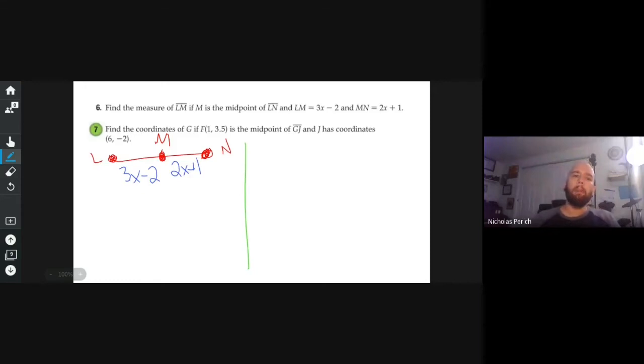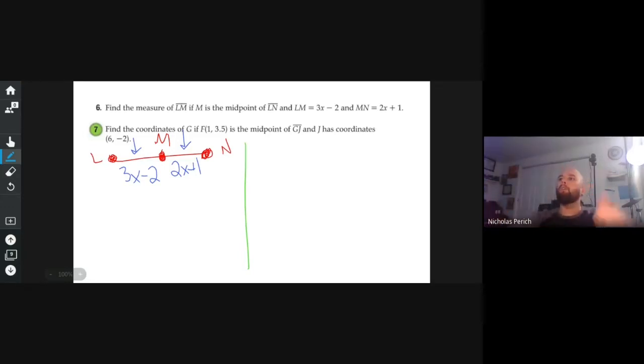What does the midpoint mean for this part of the line versus that part of the line? It's the middle. So what can you tell me about LM and MN? M is the midpoint.